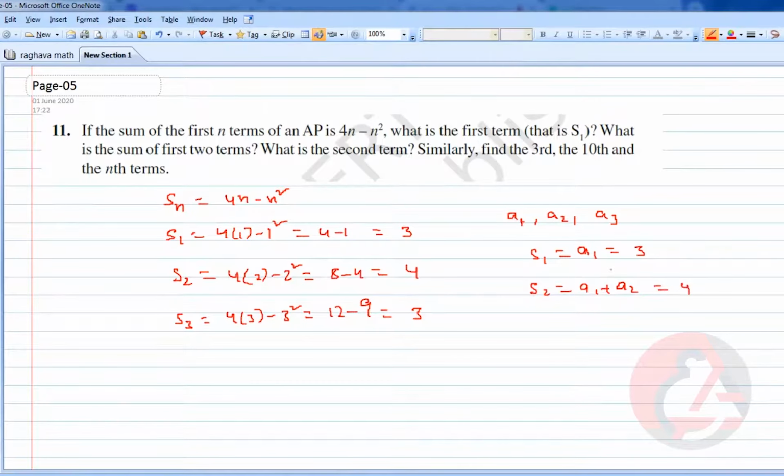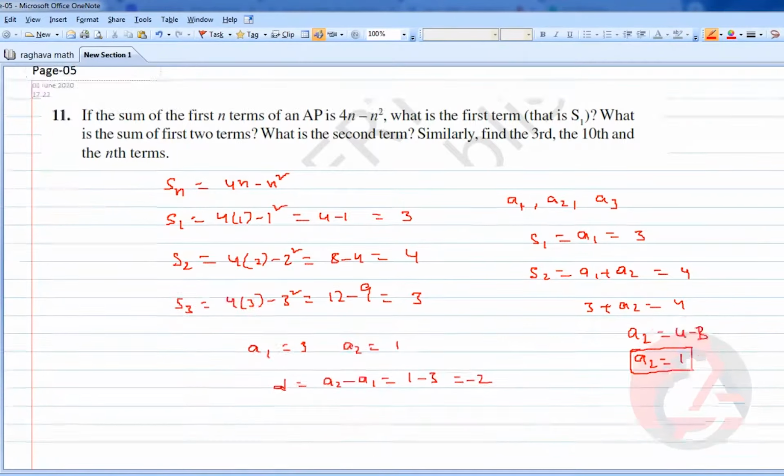So if I substitute the values, A2 is equal to 4 minus 3, A2 will be equal to 1. So now I got A1 is equal to 3, A2 is equal to 1. Automatically D will be equal to A2 minus A1. So 1 minus 3, that will be equal to minus 2.